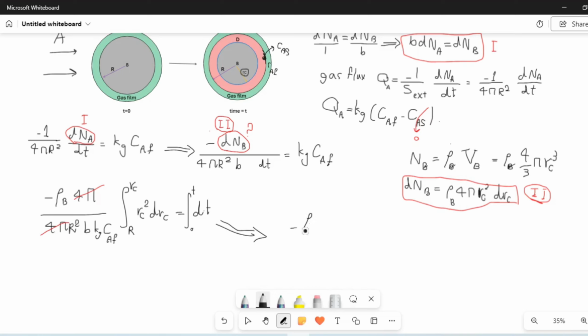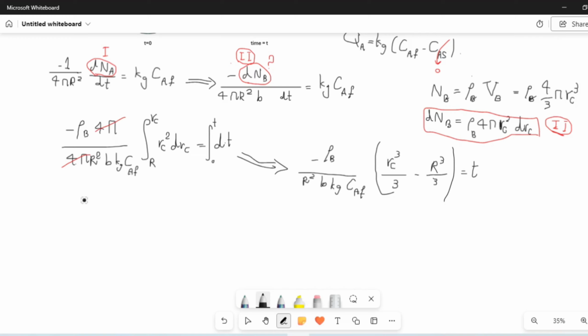So we can write minus rho B over R squared b kg CAF multiplied by rc cubed over 3 minus capital R cubed over 3, and on the other hand side we can write t.